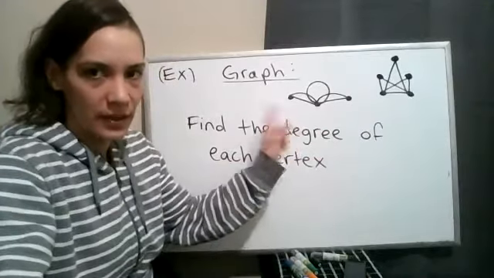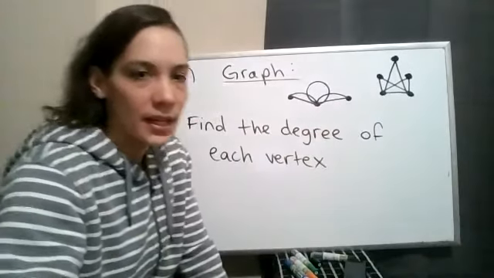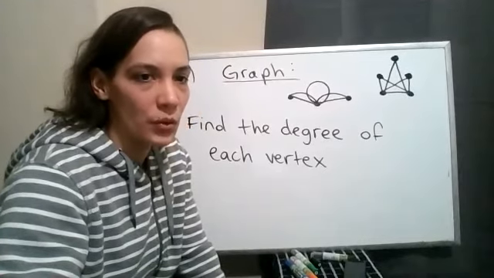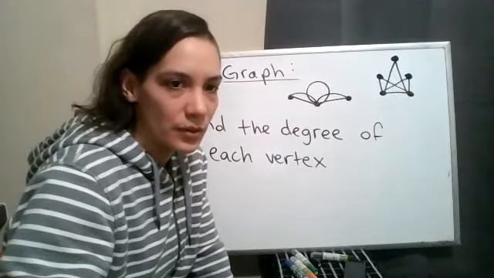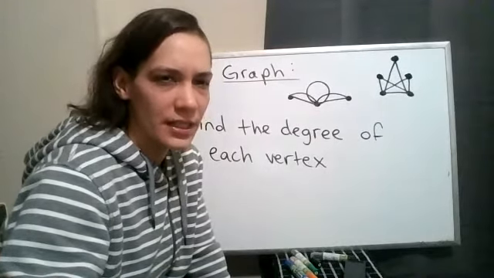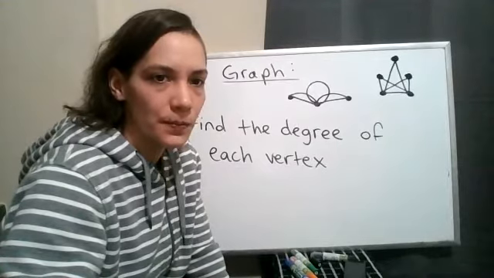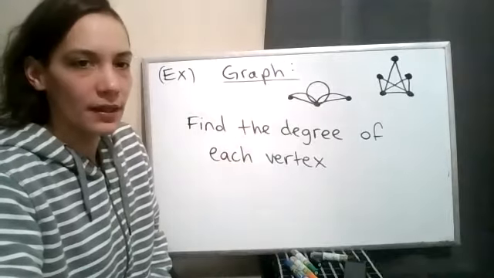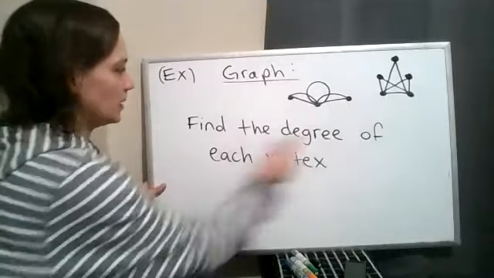We're just going to use shorthand for the degree and label each vertex with its degree. And I want to find how many components, and let's also find the total number of degrees. We'll hold on to that. Okay, first, the degree.